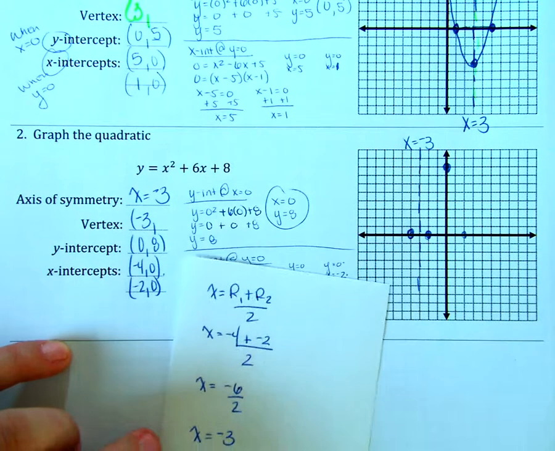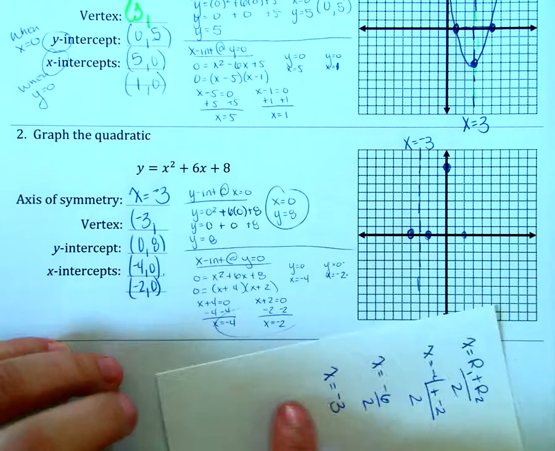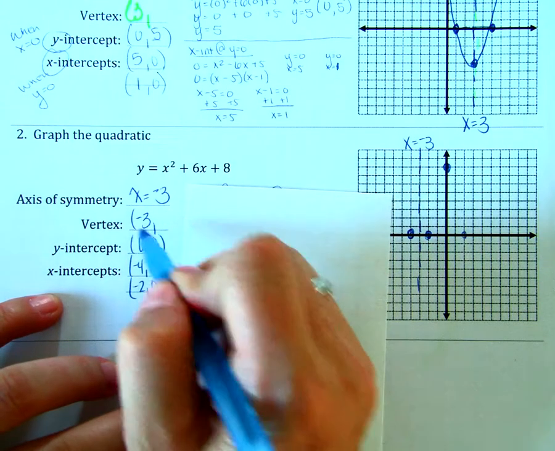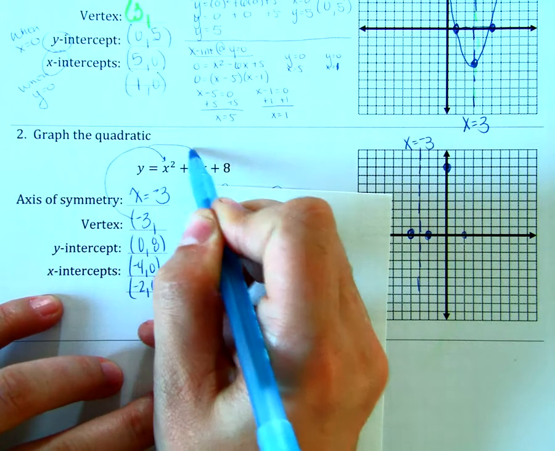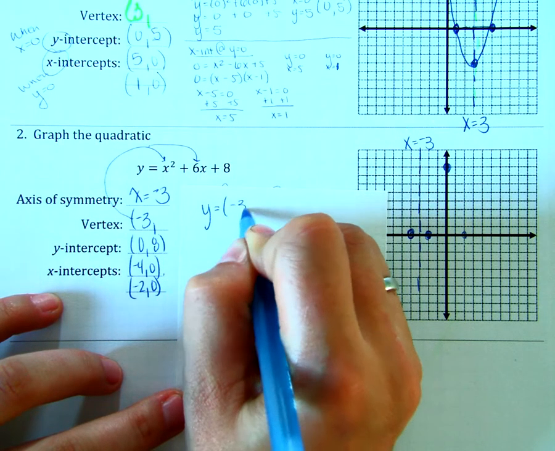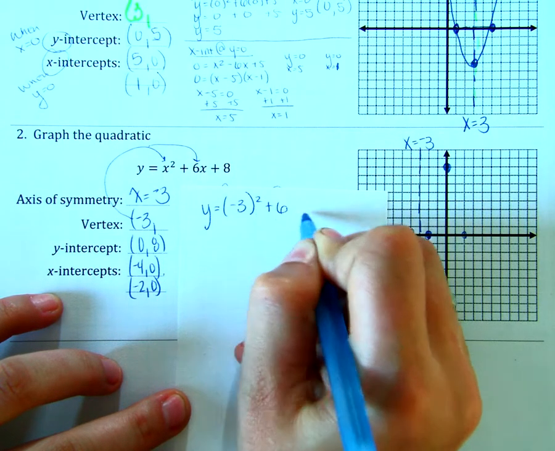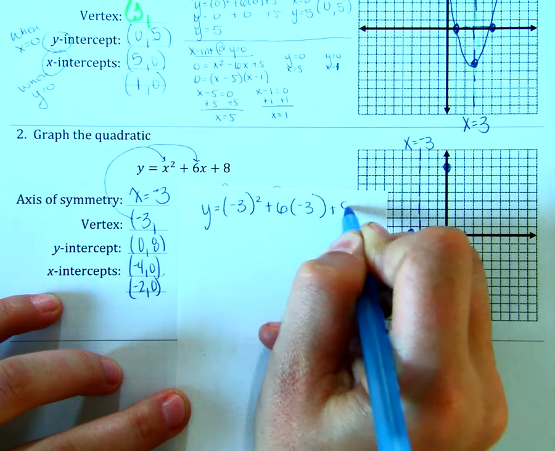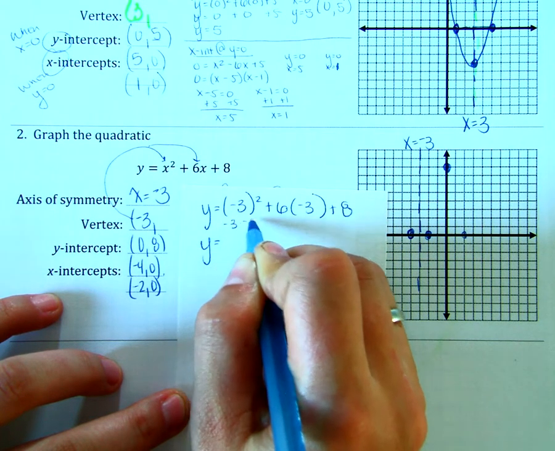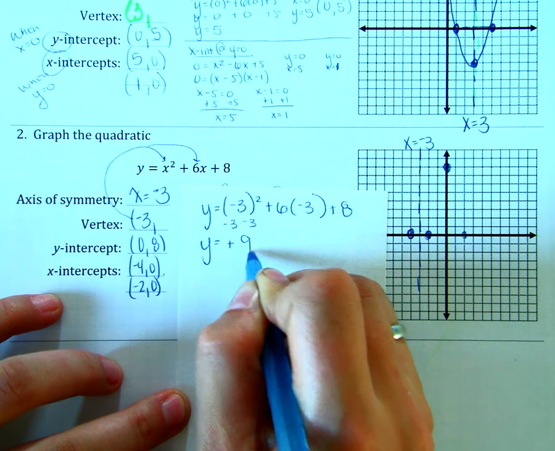My vertex will be on my axis of symmetry, so I know that the x-coordinate of my vertex is negative 3. I substitute that in to solve for the y-coordinate of my vertex. Negative 3 squared, so that's negative 3 times negative 3, which is a positive 9.